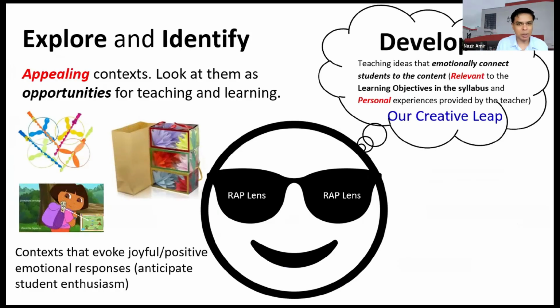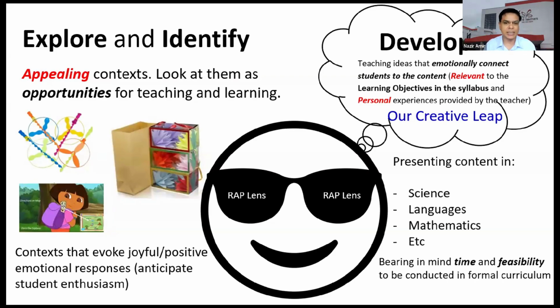This is where the teachers come up with creative ideas to emotionally connect students to the content. We see the relevance to the learning objectives in the syllabus and personal experiences provided by the teacher. So we can use these toys, this video clip, this magic trick to teach content in science, languages, mathematics, etc.